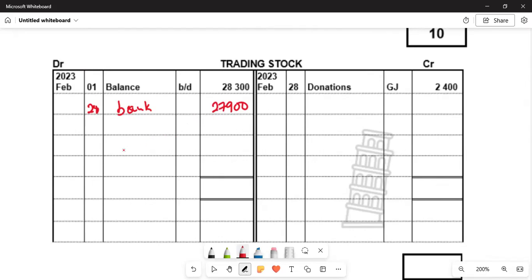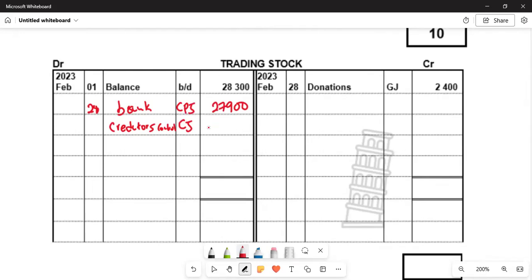There is stock that was purchased for cash. Also, there is stock that was purchased on credit. If you can still remember, creditors control. So we are going to write creditors control, which is from creditors journal. This one was from CPJ, cash payment journal.